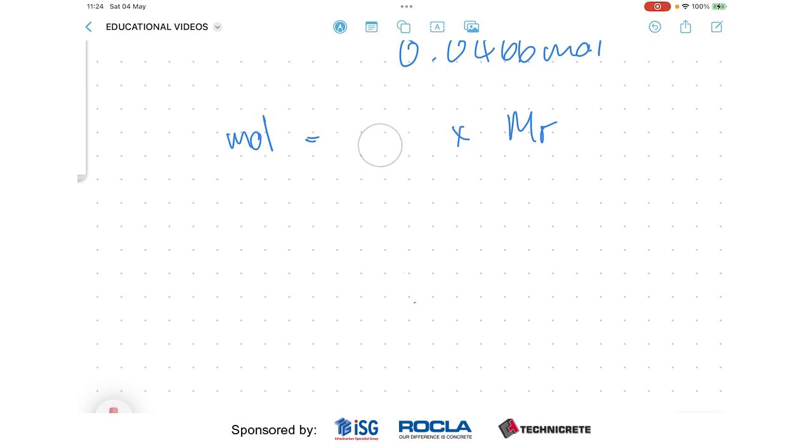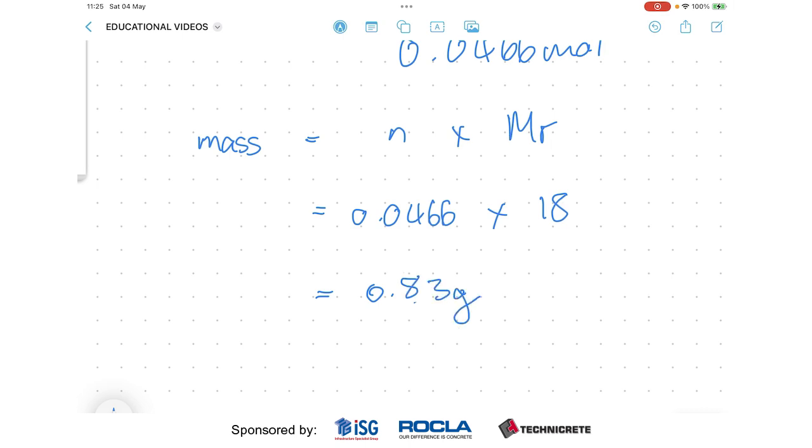So it should be mass equals moles times molecular weight, which then equals 0.0466 times the 18. And then this gives us our true answer, which is 0.83 grams. So I had done it wrong. That's why the answer was really small. That's why I had to double check, because the answer seemed really small.